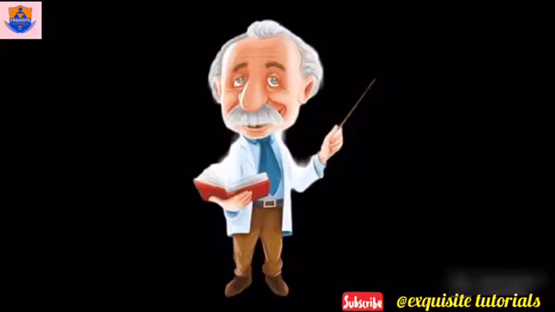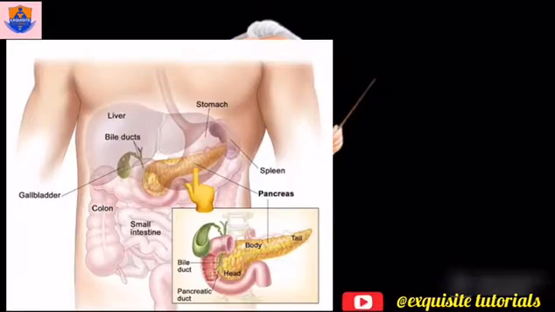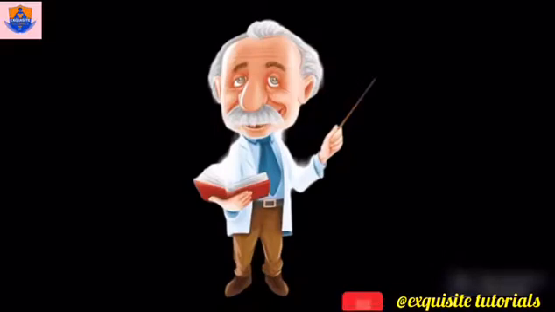Now we have the pancreas, also called the islets of Langerhans. What hormone does this pancreas secrete? It secretes insulin, and this insulin determines how much sugar is converted to glycogen and how much is oxidized for energy. This insulin is what will determine your diabetic level.